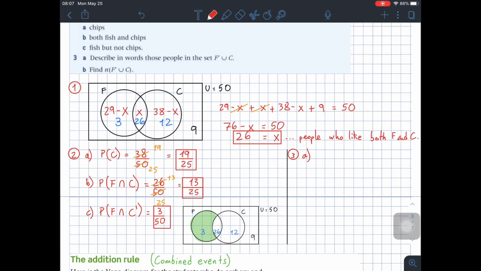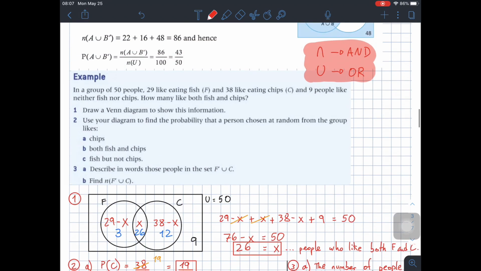So, the number of people who do not like fish, or, remember the clue word when we have union is or.